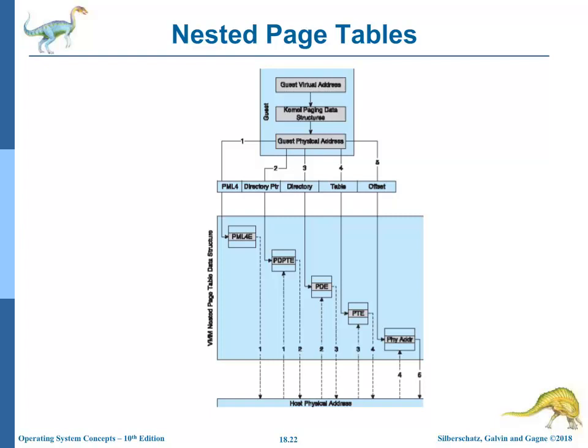This figure shows the extra translation work performed by the hardware to translate from a guest virtual address to a final physical address. A TLB miss results in a performance penalty because more tables, the guest and the host page tables, must be traversed to complete the lookup.